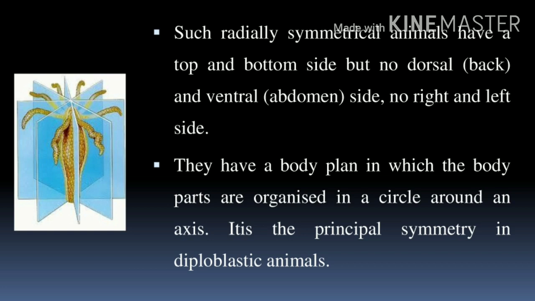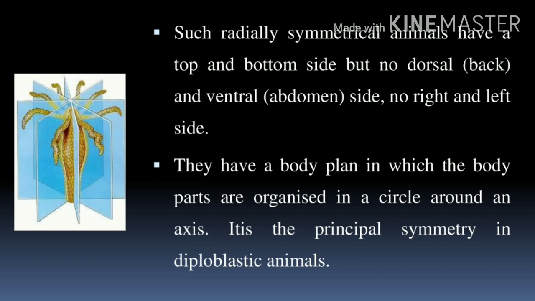The body plan in which body parts are organized in a circle around an axis is the principal symmetry in diploblastic animals. Underline: radial symmetry is mainly in diploblastic animals. Diploblastic animals exhibit only the tissue level of organization.